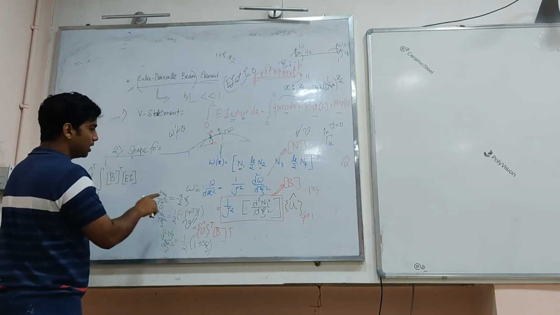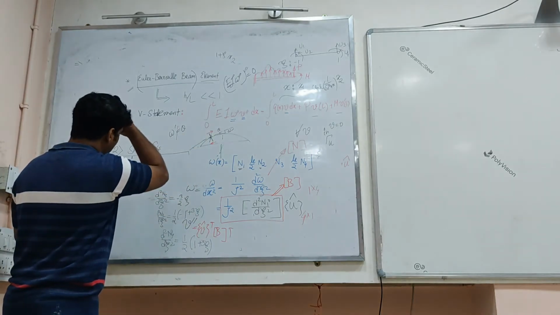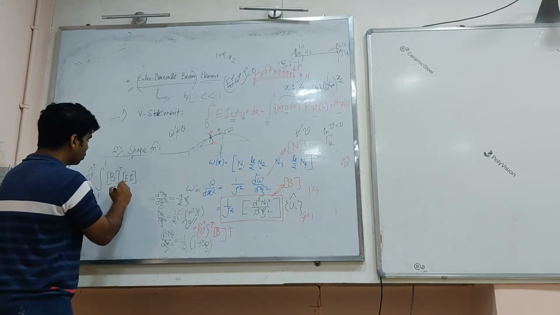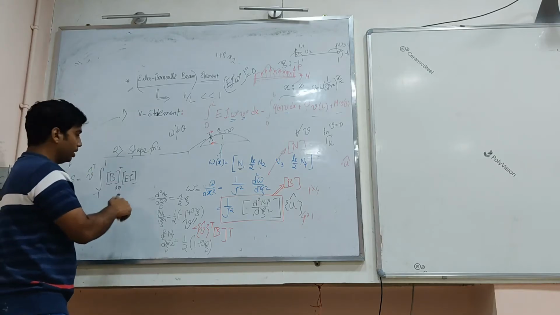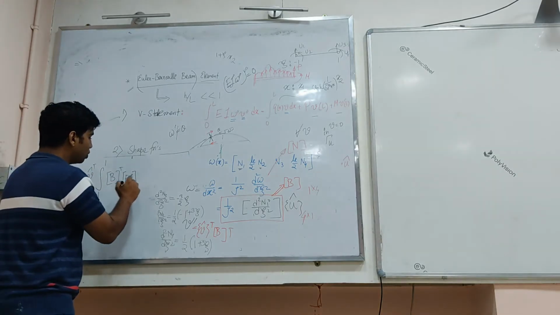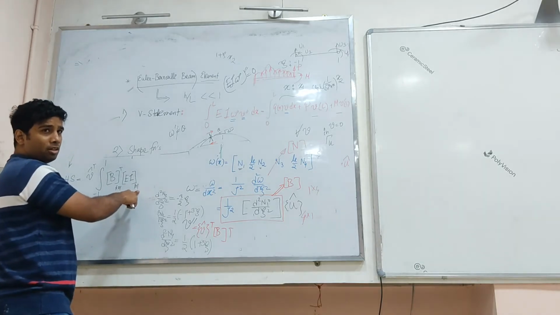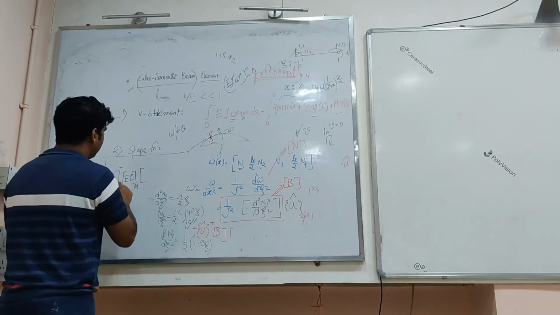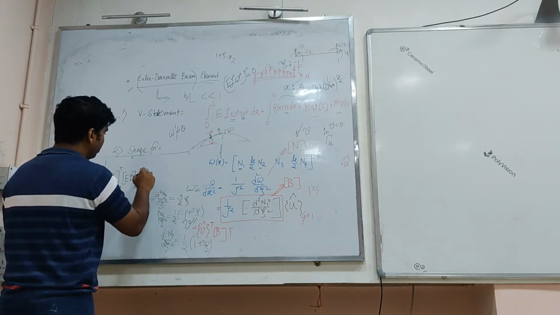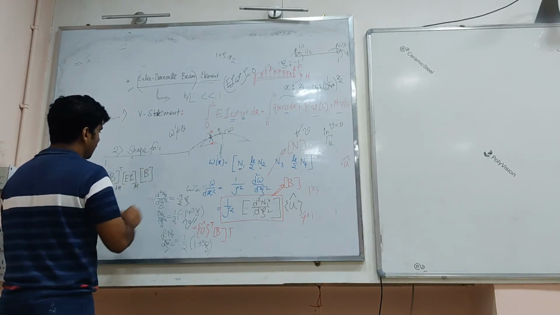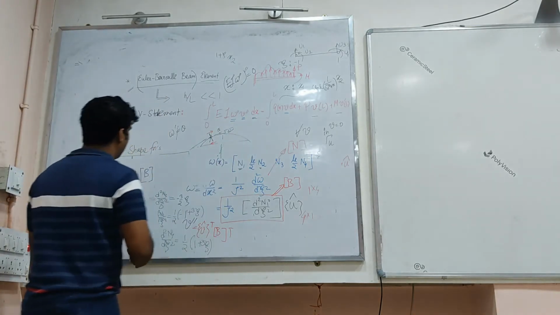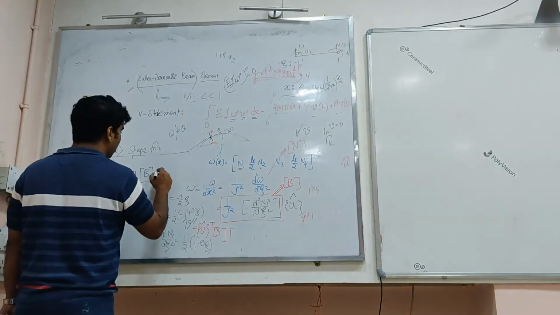B transpose is actually a 4 by 1 vector that immediately multiplies to 1 by 4, or you can take EI outside of the integration. Then B times, there should be dx, but I am writing dx in this format.